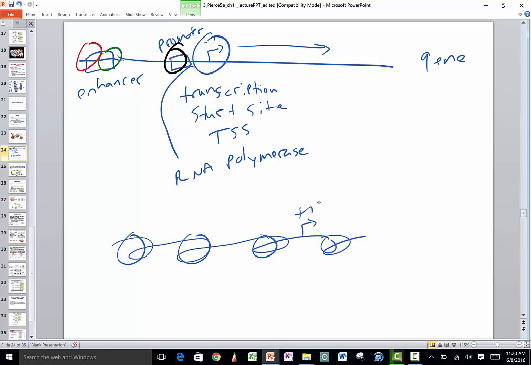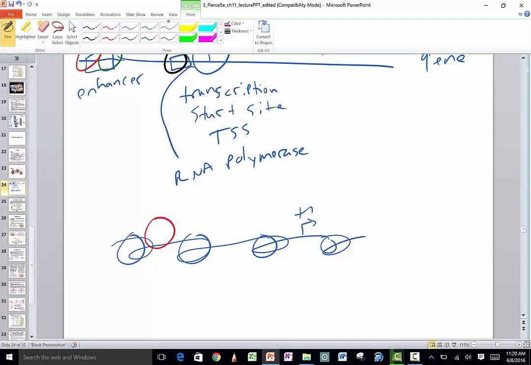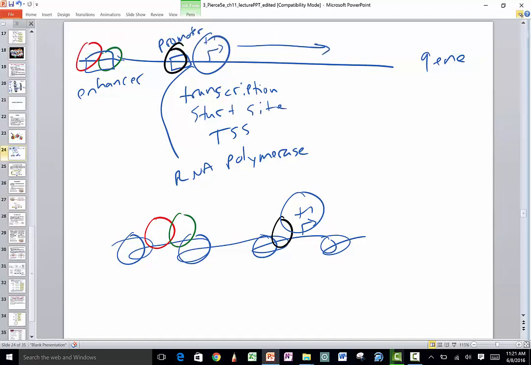In order for these other proteins to bind onto the enhancers or the promoter, and then to get RNA polymerase in there, we need this chromatin to be opened up like this. So we need the chromatin loose so that these proteins can find the DNA that they need to bind. And then once you do that, you can transcribe the gene.